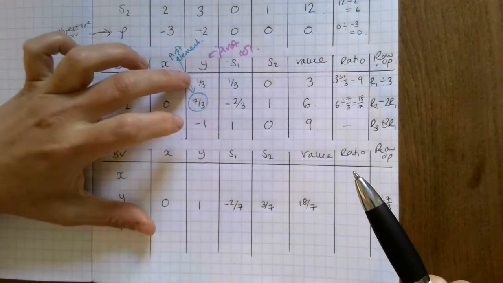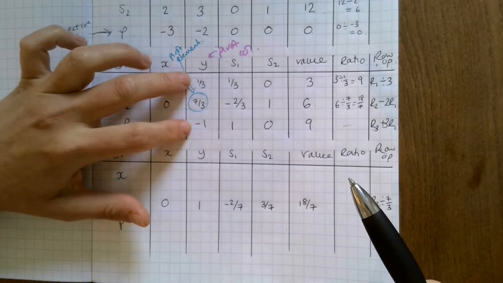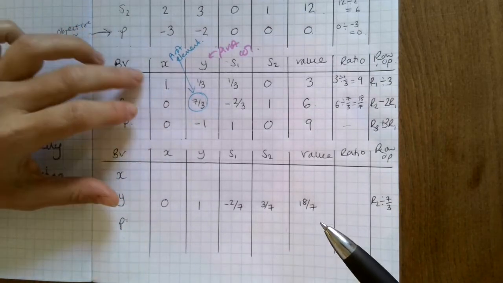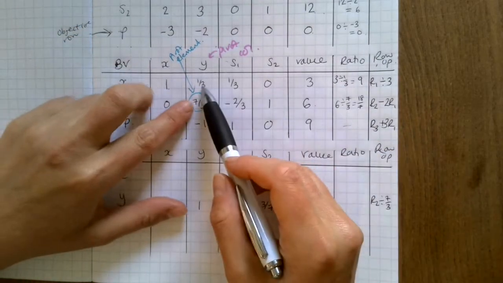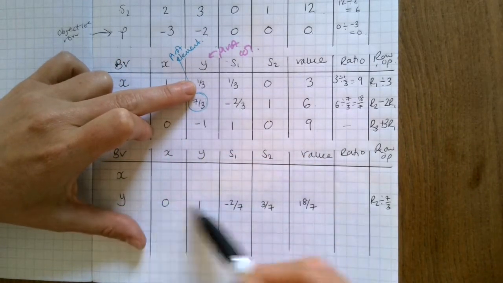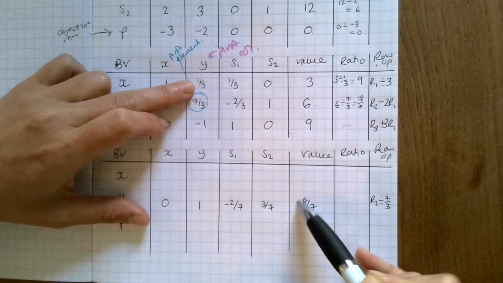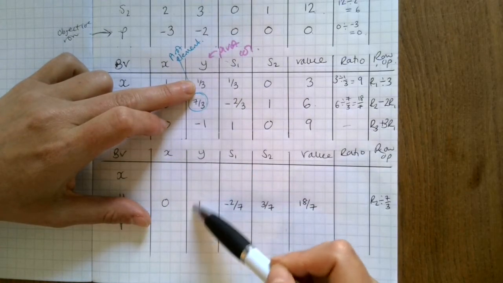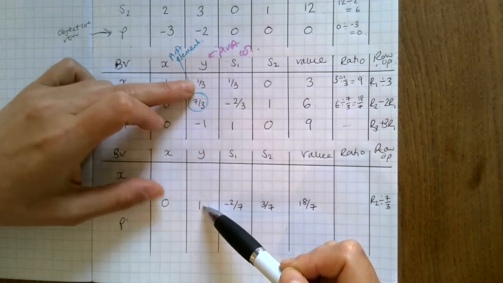And just as last time, we want to make the other elements in the pivot column 0. So to do that, I want to do it by adding or subtracting multiples of this row here. So 1/3, if I take away 1/3 of row 2, that'll do it.